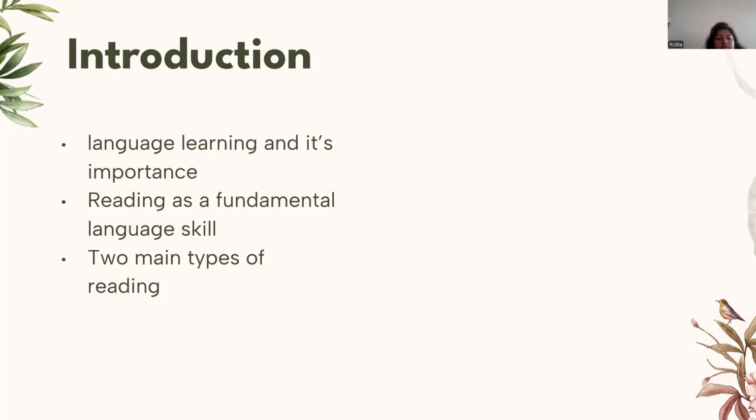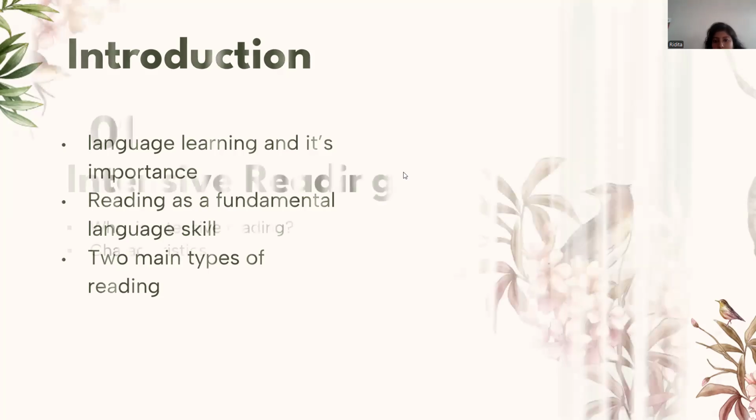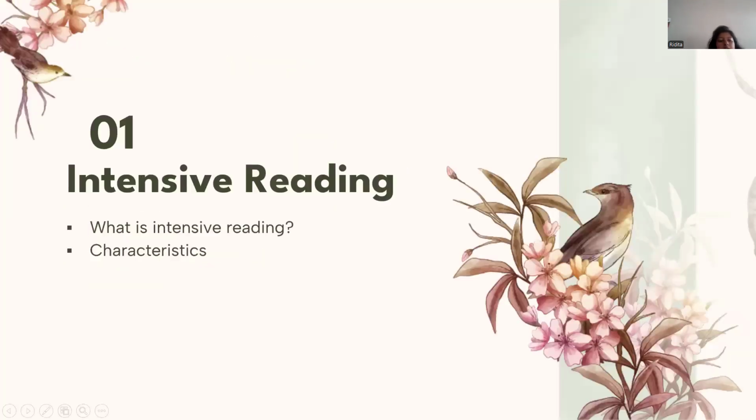There are two main types of reading. One is intensive reading and the other is extensive reading. Intensive reading refers to reading short, carefully selected texts for deeper comprehension and language analysis.